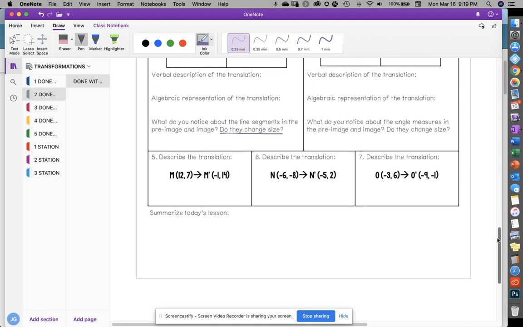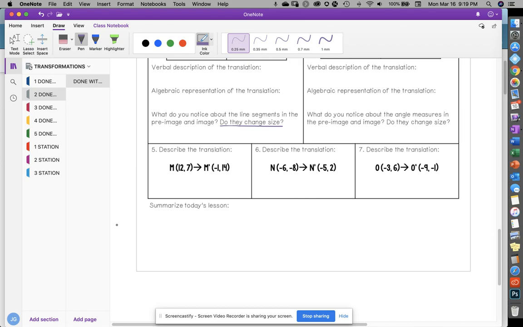Let's look down here. I'm just going to do one of these with you. I'm going to do number 5. So describe the translation. All right, so we're looking at those patterns again. I went from 12 to -1. Oh, wow. Well, we definitely are decreasing. If we're decreasing and it's an X, that means we went something to the left.